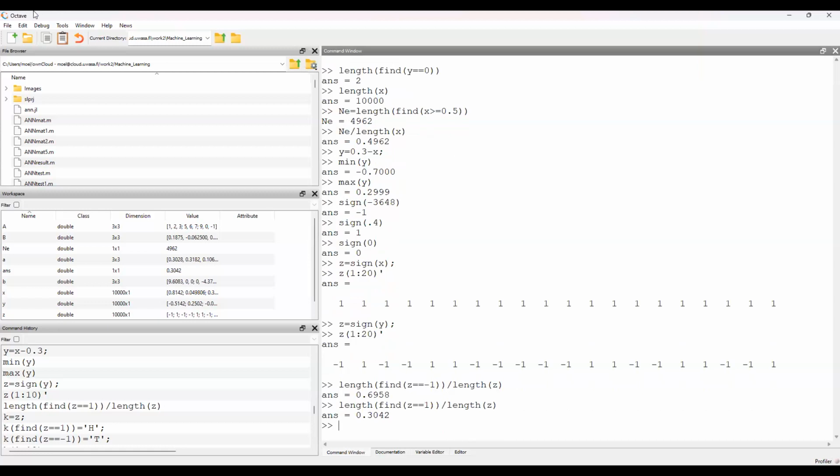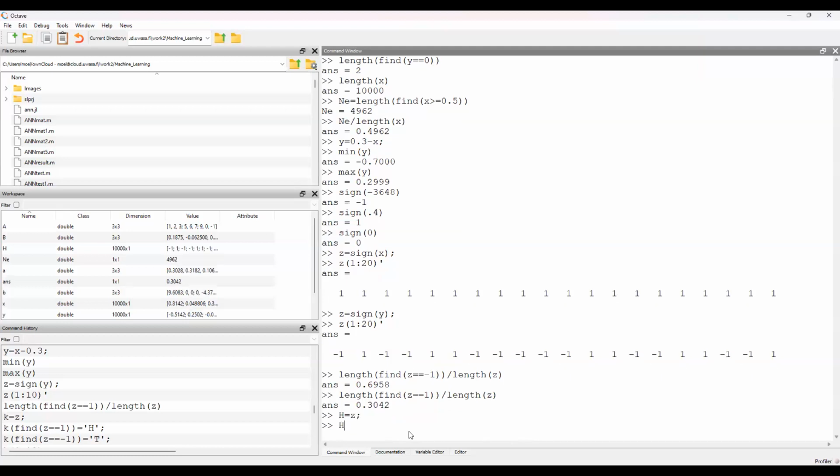Any question? Okay. Yes. If you like, for example, to put head and tail, to explain to students or to others who like to see something there, you can simply say, for example, H equal to Z, and then H of find of Z equal to -1.